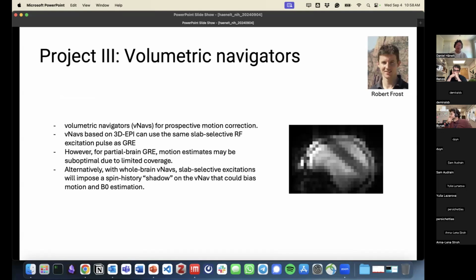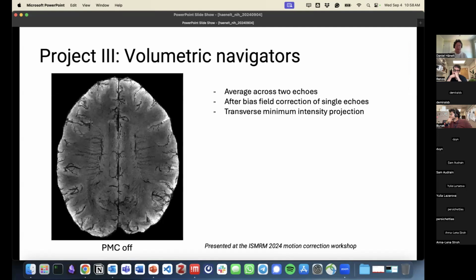We wanted to test it anyway, and asked ourselves whether this is a limiting factor for prospective motion correction. It turned out we think it still works quite robustly. For example, that's now a beta participant. Acquisition was also around 50 minutes.